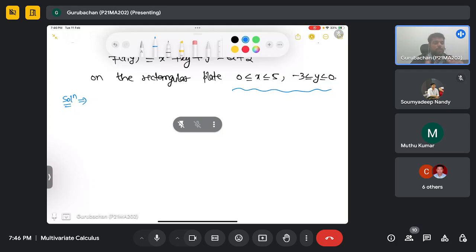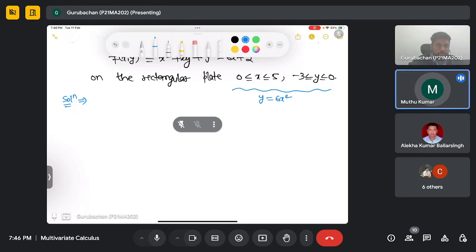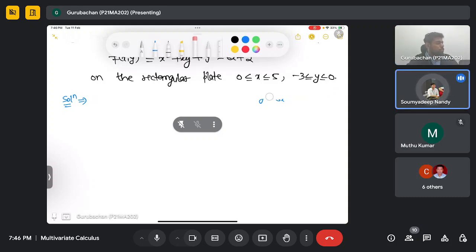I'm asking for the others' perspective also, so they understand it better. Suppose rather than this, we have been given some curve like 6x square. You have to then find the values at the extreme points. So we will have to find the critical points and check whether those critical points lie in the region or not.